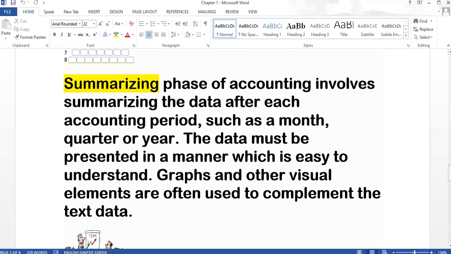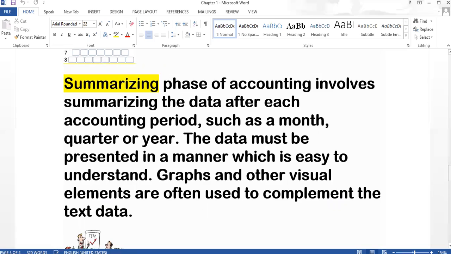So what we do is we have to classify, as I told you previously, and then it has to be summarized. Let us say I want to know what the expenses are during a particular month, quarter, half year, or yearly.